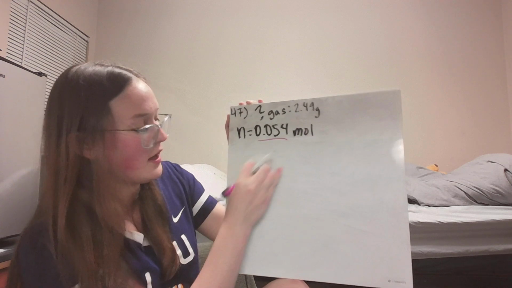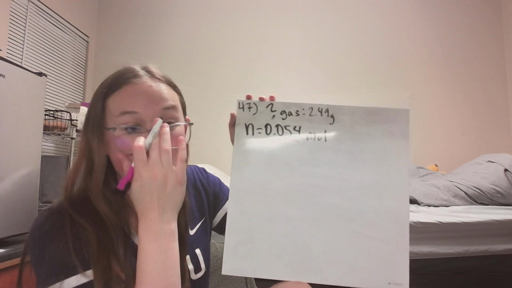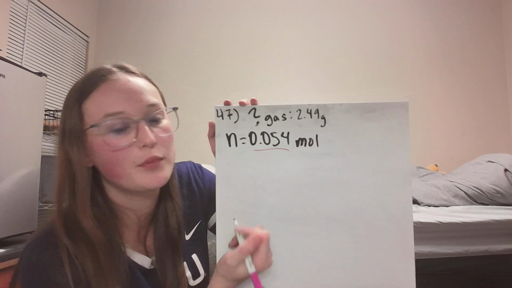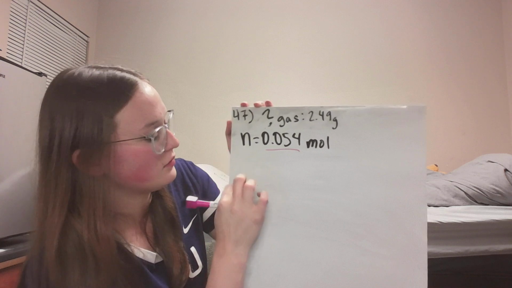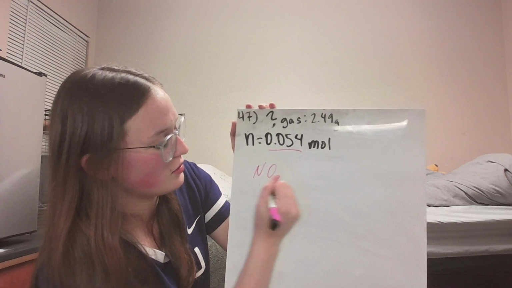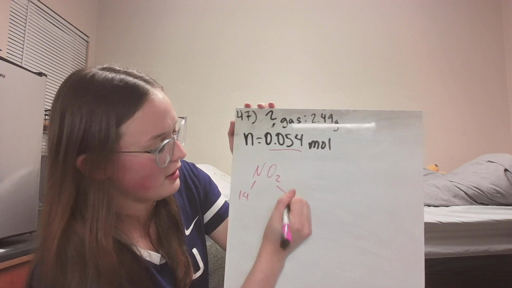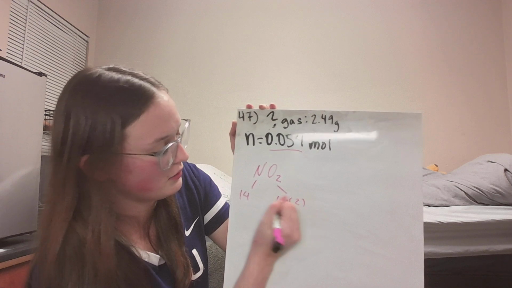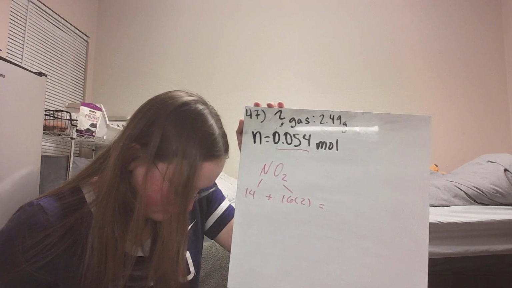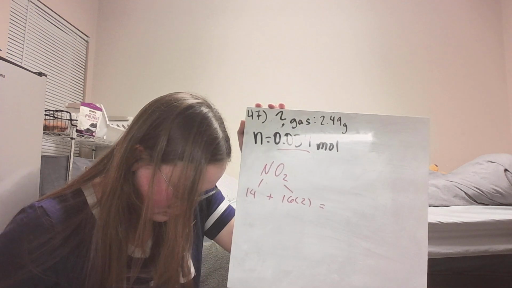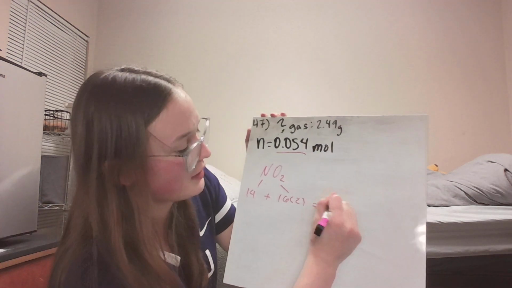Darn. So that means we're left to our last one, or not our last one, but the answer D, which is going to be NO2. So nitrogen, 14, oxygen, 16 times 2. Add those together, we're going to get around 46.